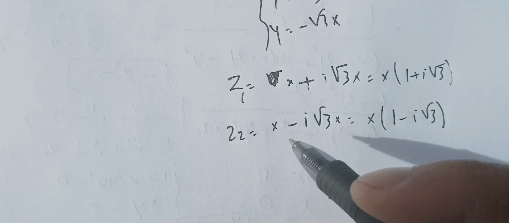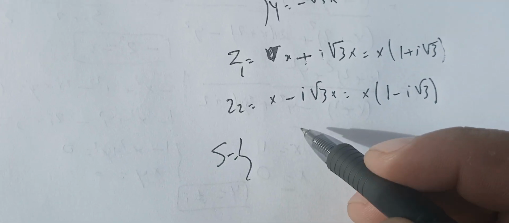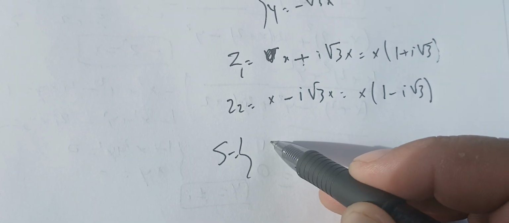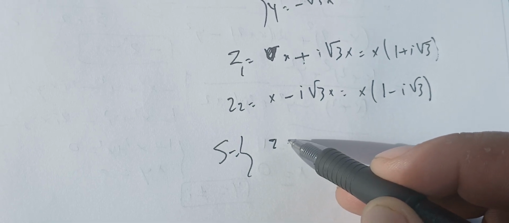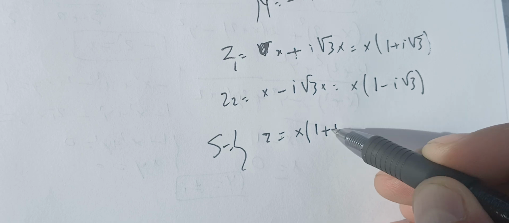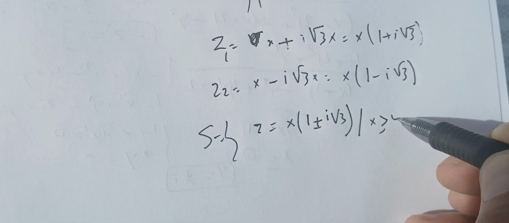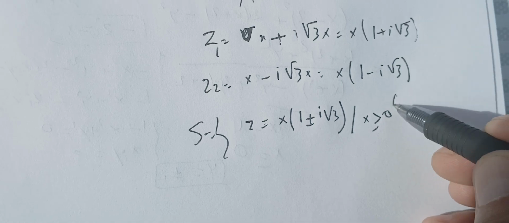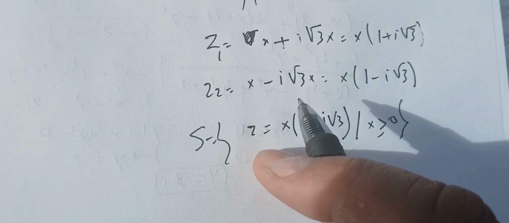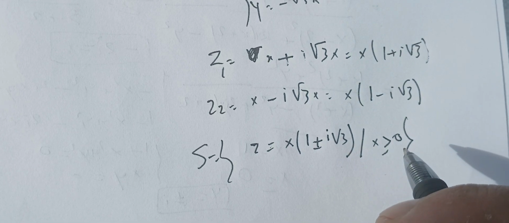Okay, so with this condition we have many values. With this condition that x is positive, how can we write this one? We can write it as this set of z that can be written as x times 1 plus or minus i square root of 3, with x positive, x real. Okay, so this is the set of z's that satisfy this equation.